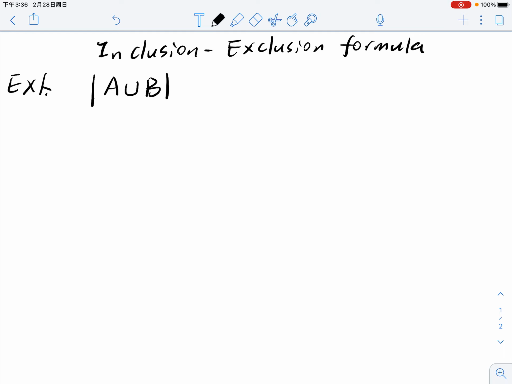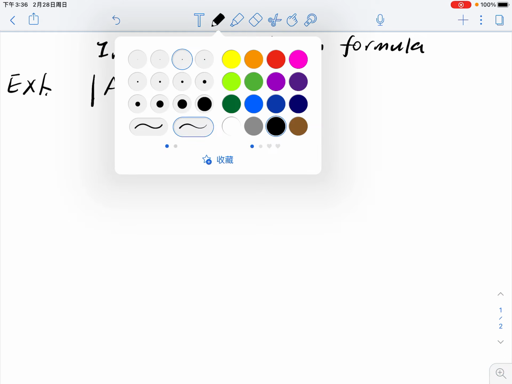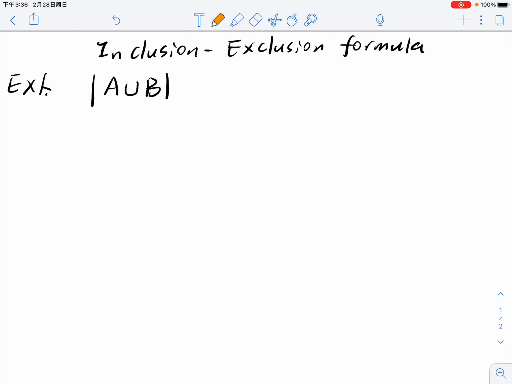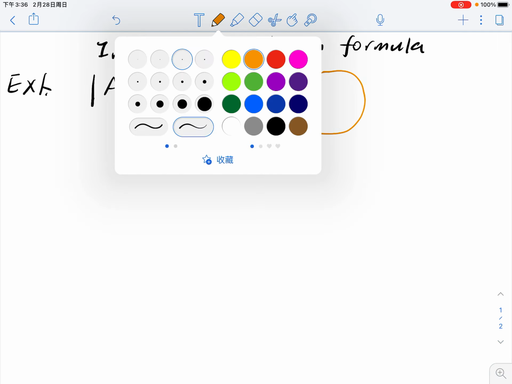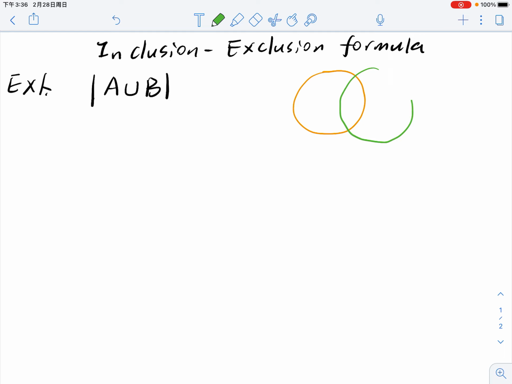How to compute the cardinality of the set A union B. If we draw a picture, then it's easy to see.